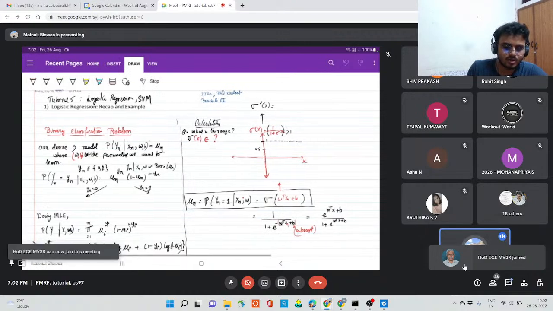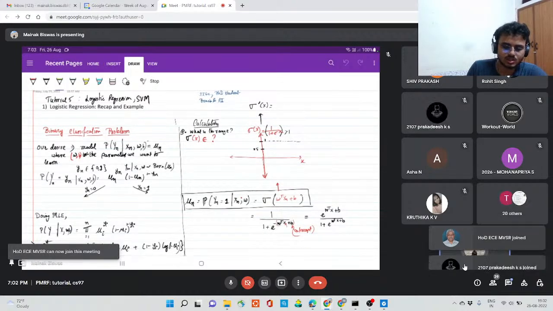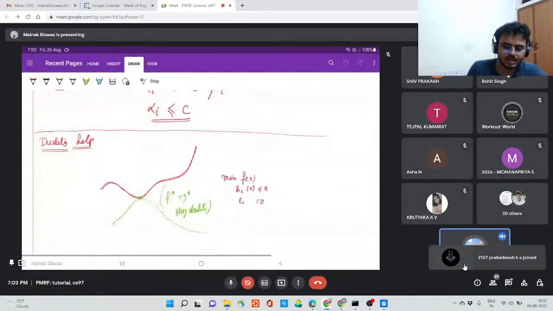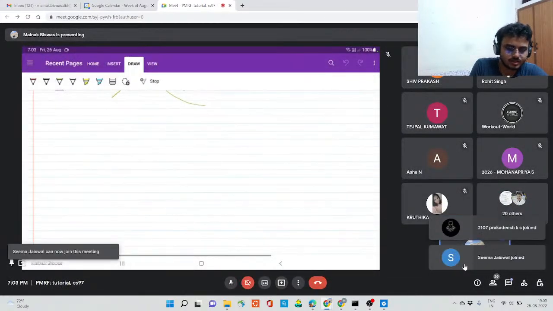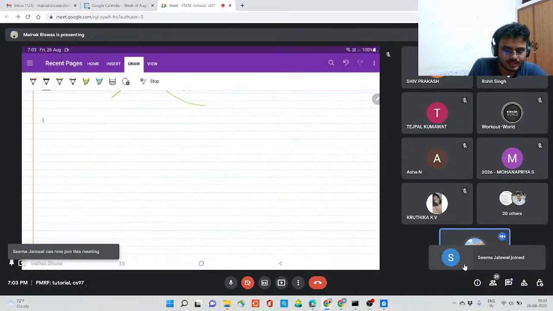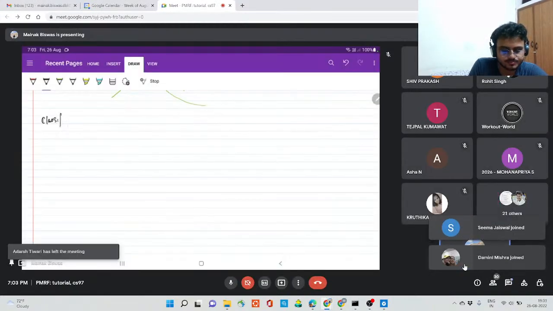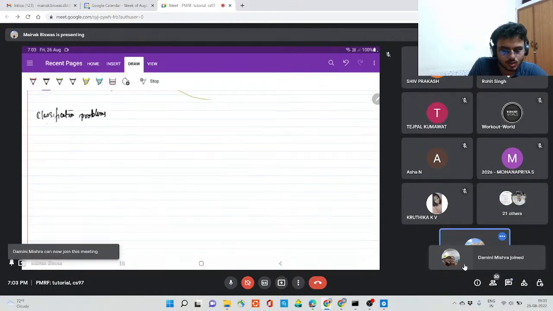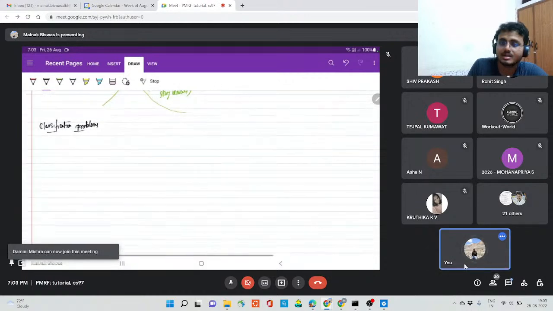So before going on to what is logistic regression, today's class will be mainly dealing with classification problems. So what is a classification problem?